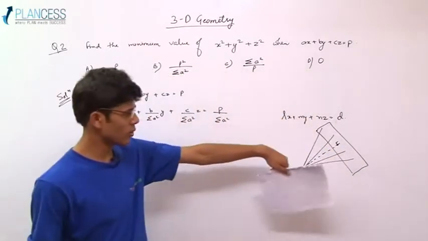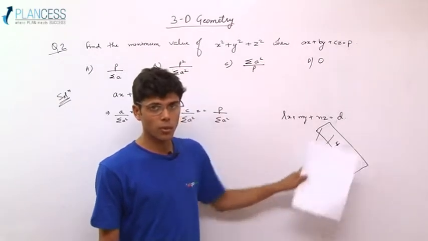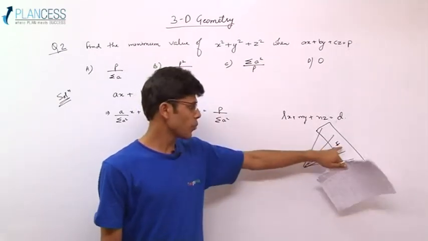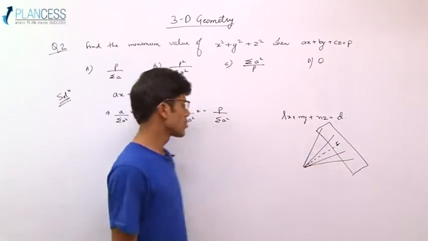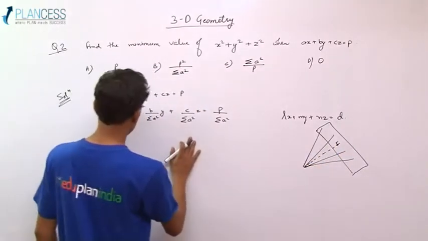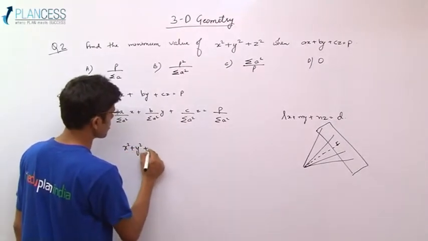We can directly see from Pythagoras theorem that the distance of any point from the origin will be minimum when the line joining that point and the origin is perpendicular to this plane.